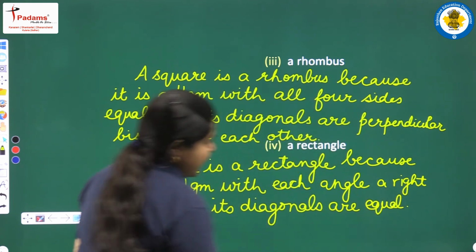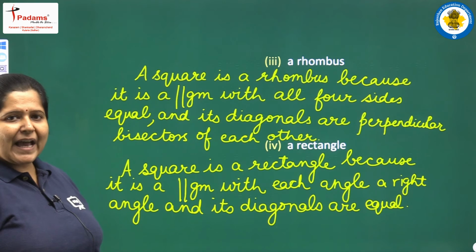This is why a square is a rectangle also. Clear to you? We have the next question.